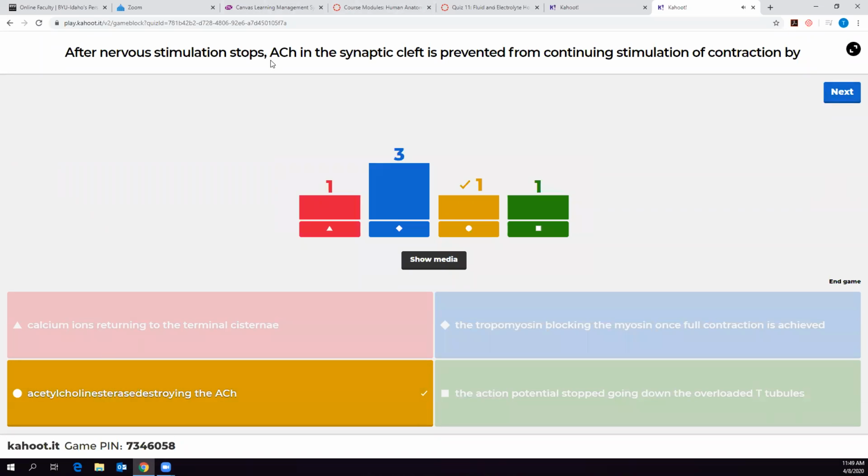Okay, why doesn't the ACh continue to stimulate? Because we got rid of it. We took it away by acetylcholinesterase. Remember, we need to destroy the neurotransmitter. We've got to terminate the effect of the neurotransmitter.